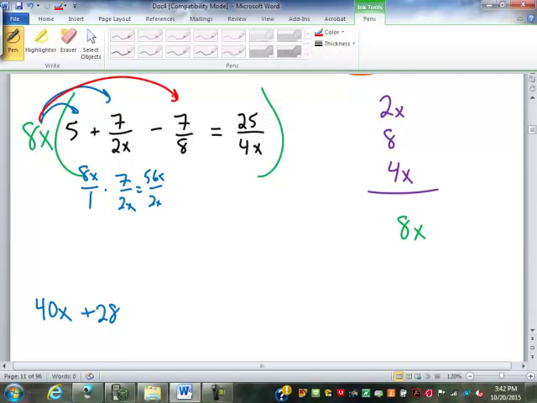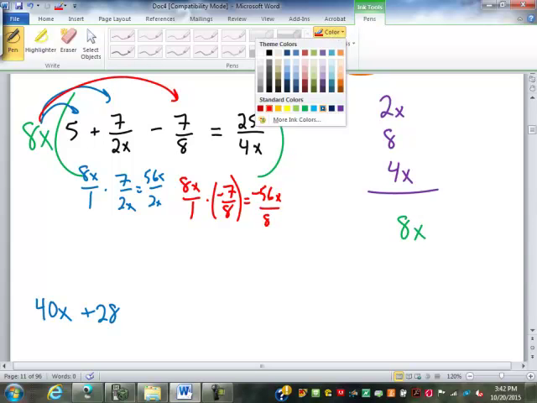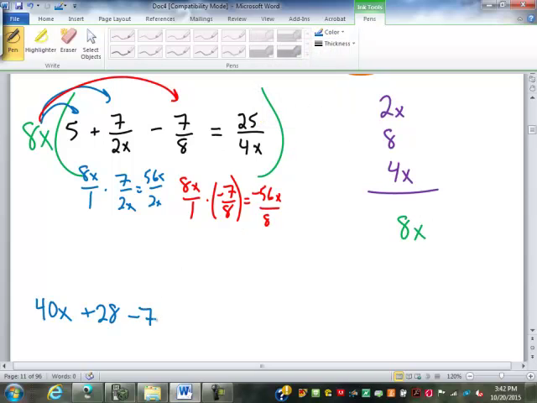We got the 8x times the negative 7/8. So 8x over 1 times negative 7 over 8. 8x times negative 7 is negative 56x. 1 times 8 is 8. Negative 56 divided by 8 is a negative 7. And then we still have the x. Any questions so far?